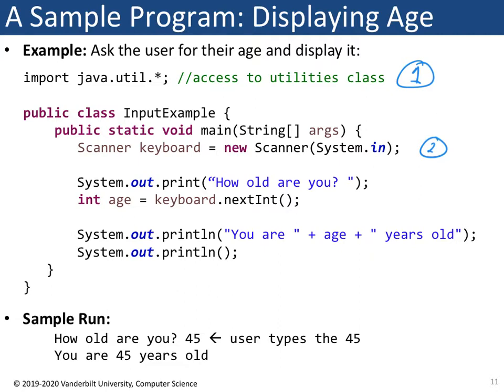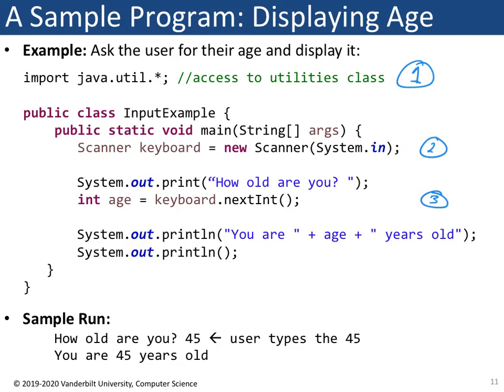So then we're going to get the age that the user types in using keyboard.nextInt. So here we're making use of the keyboard object to get the user's input. And then we're going to print that out using a println statement. Now, this is going to be an important extension of what we've shown previously using the println statement.